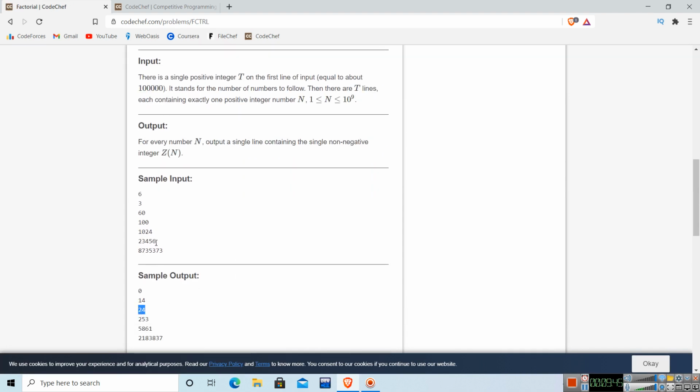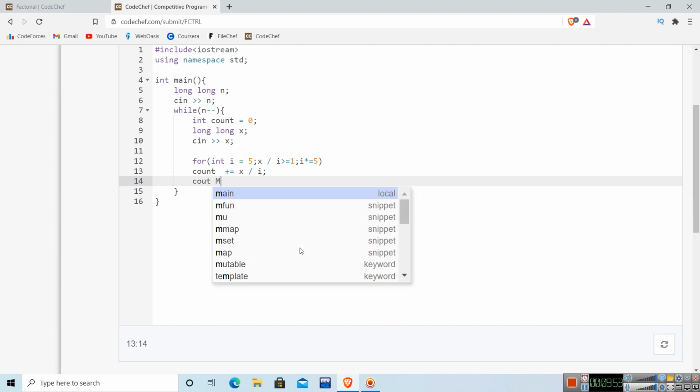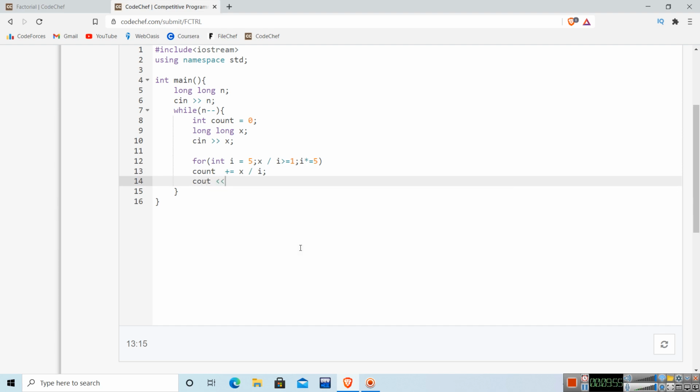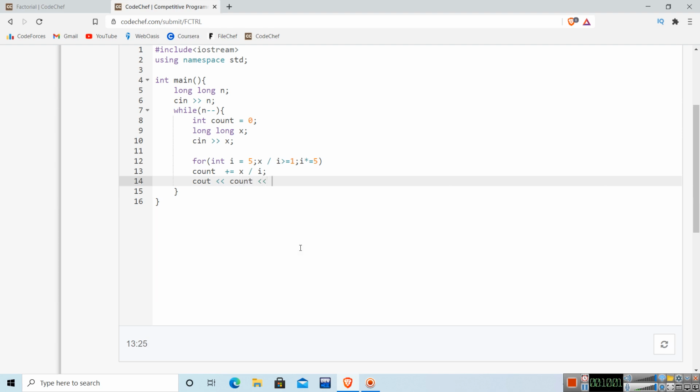So for 100, we have got the output as 24 as per this code. So let's see, it will work, I guess. Sorry guys. So you got the logic, right?